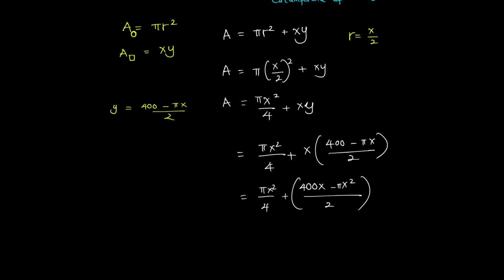But the problem here is that we don't have the same denominator. So what we need to do now is make a common denominator by simply finding the lowest common multiple for these two. The simplest way is to multiply this side by 2 and this side by 4.